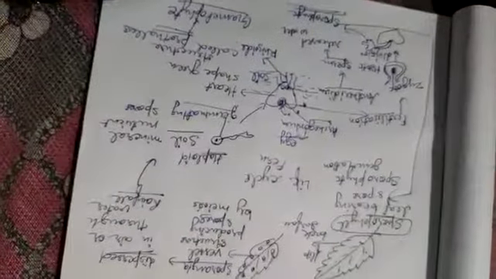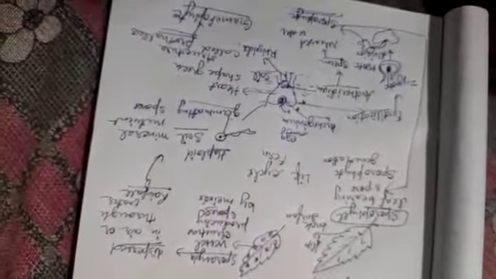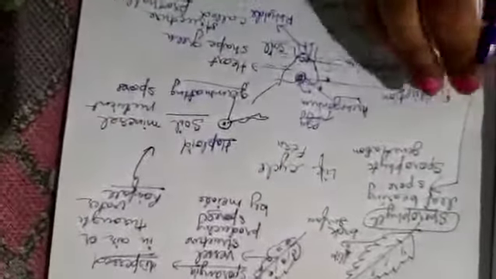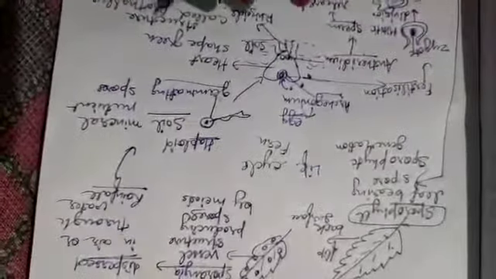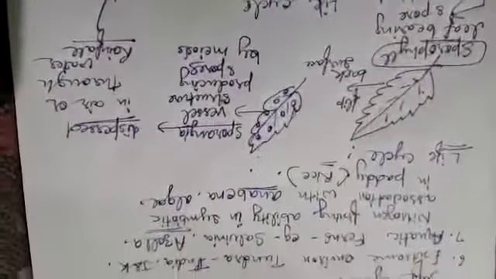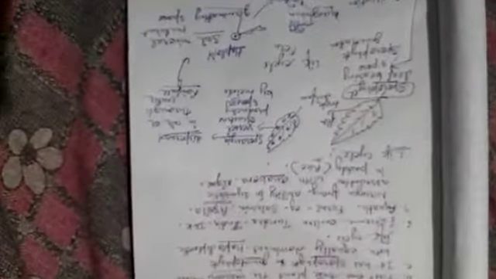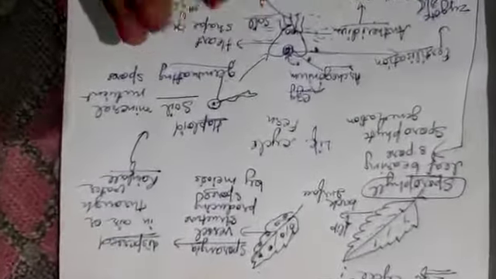In the next video we will understand the gymnosperms and the angiosperms. Gymnosperms are primary plants, more developed than ferns but less developed than the most advanced plants, the angiosperms. Gymnosperms are conifers.